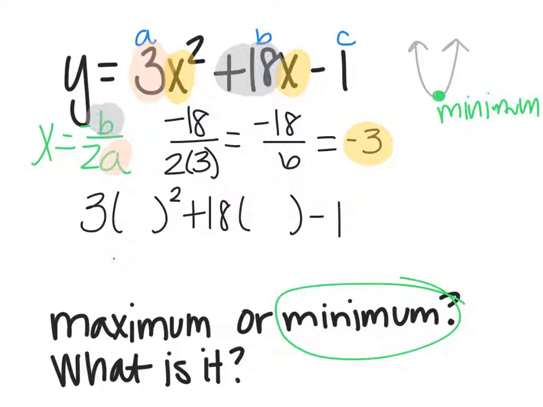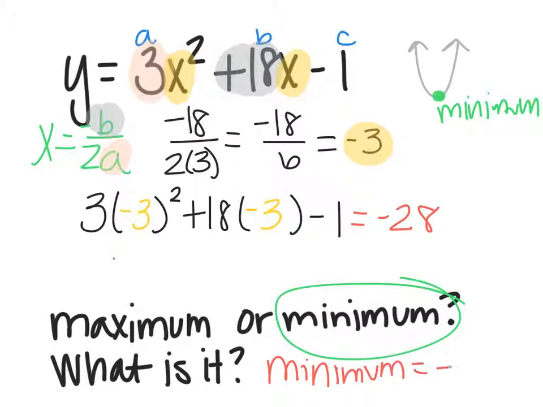In place of these parentheses, I am going to put this negative 3, because that's what I found out was the x value of my vertex. Then I can plug all this in the calculator, and I'm going to get negative 28. So the minimum value of our graph is going to be negative 28.